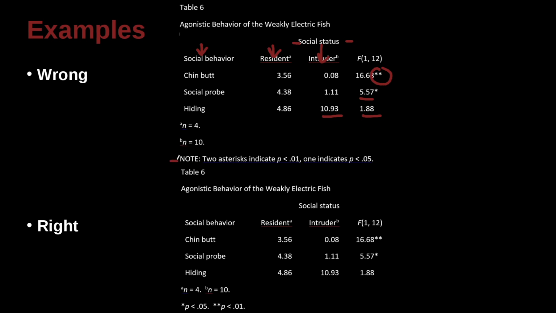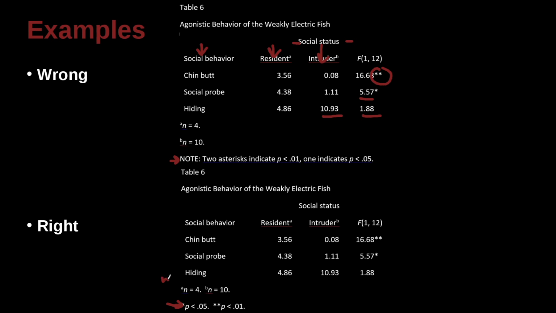Here is the word note. But actually what we've done here is a little bit strange. 2 asterisks indicate p less than 0.01. 1 indicates p less than 0.05. Remember that we're going to put notes in an order, and probability goes at the last line, a separate line. So here you can see this is where it goes.